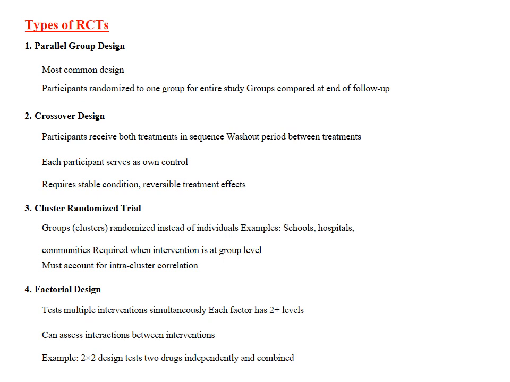Cluster randomized trial. Clusters are randomized instead of individuals, for example schools, hospitals, and communities. Required when the intervention is at group level, and must account for intra-cluster correlation. What is a factorial design? Tests multiple interventions simultaneously. Each factor has 2 or more levels, and can assess interactions between interventions. Example: a 2 by 2 design tests 2 drugs independently and combined.